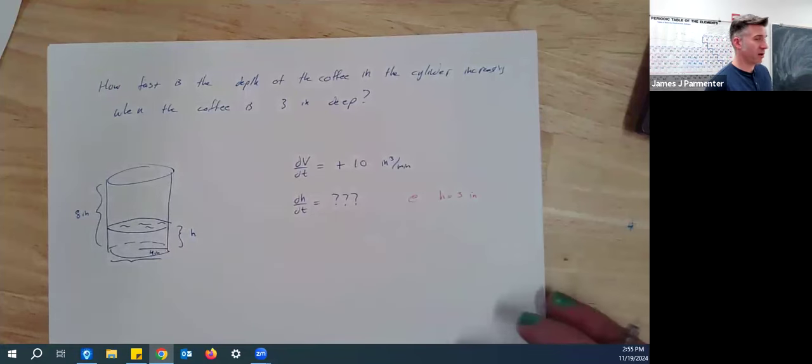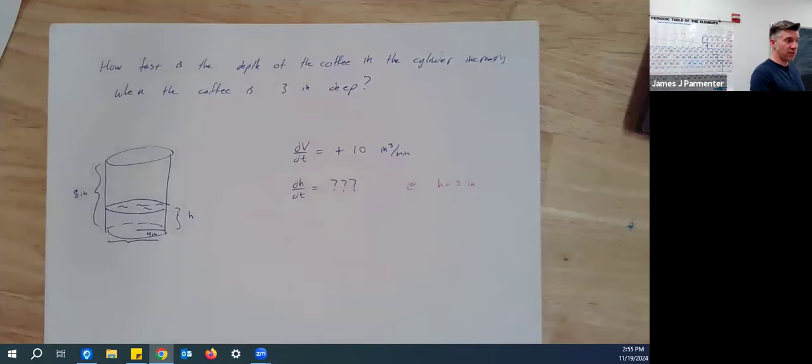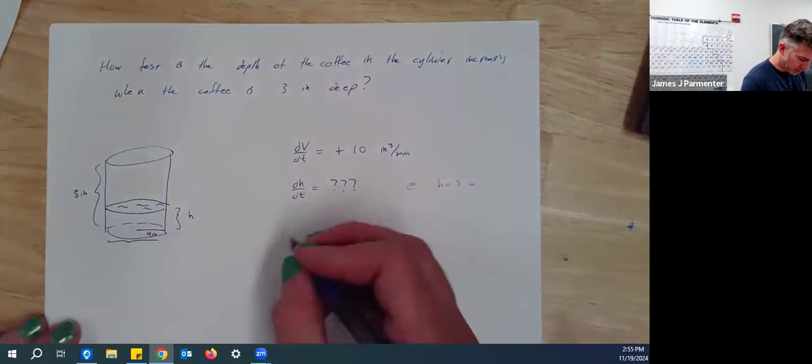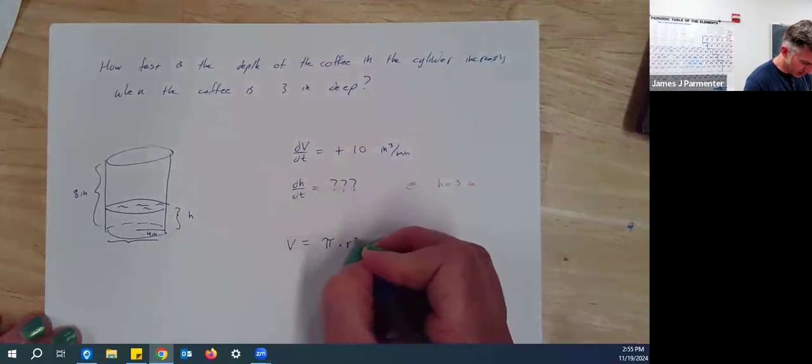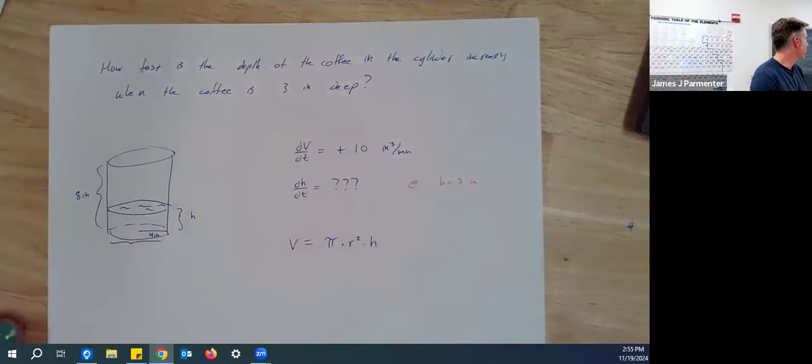So same idea. We're going to write our equation relating the variables of interest, and we're probably going to get an extra one. That's okay. So in this case, the volume is equal to pi times the radius squared times the height. And this is where someone's trying to trick you. In the previous problem, the radius depended on the height, the radius was half the height.